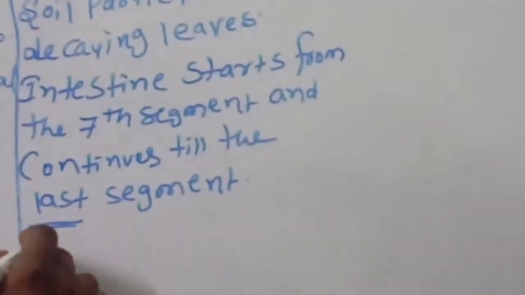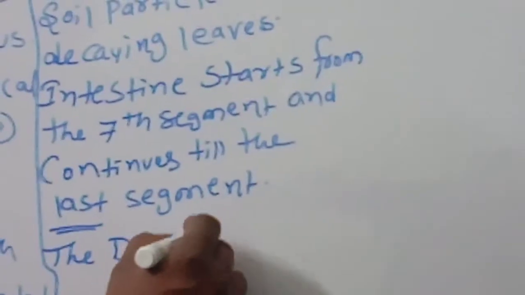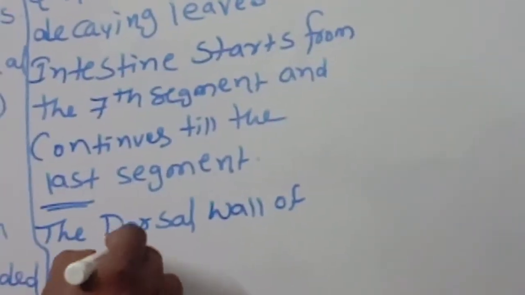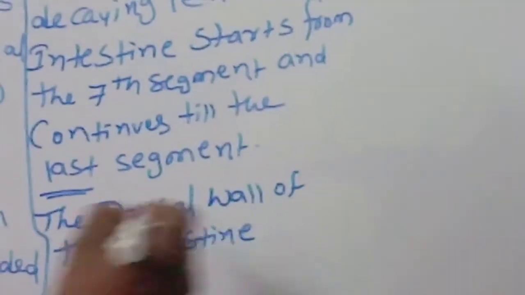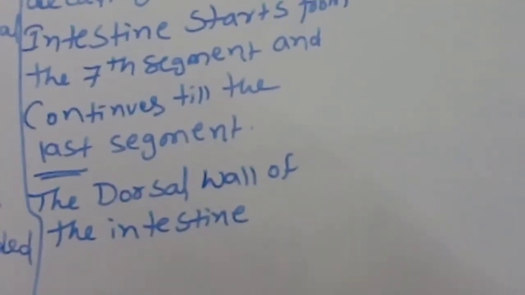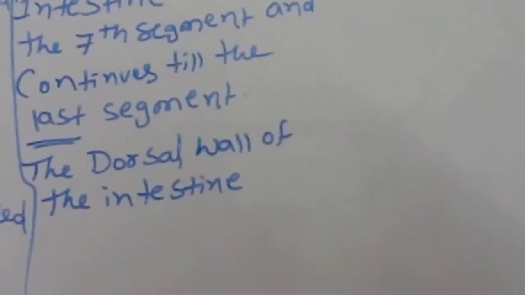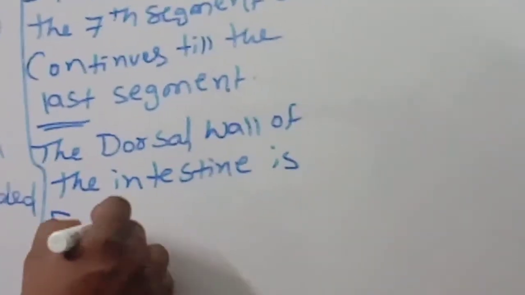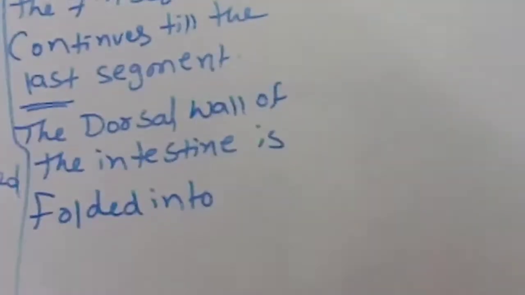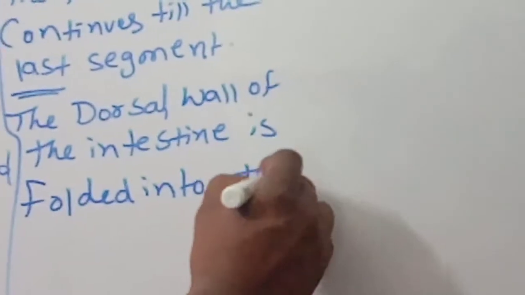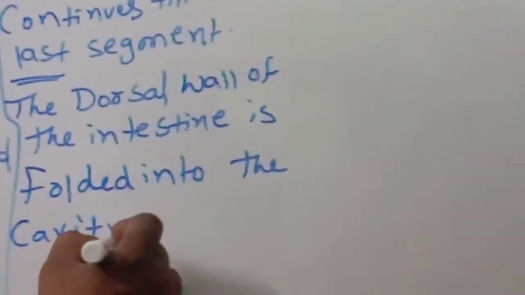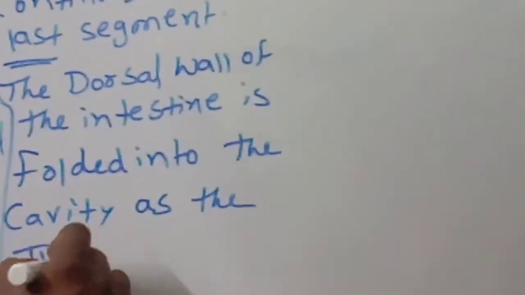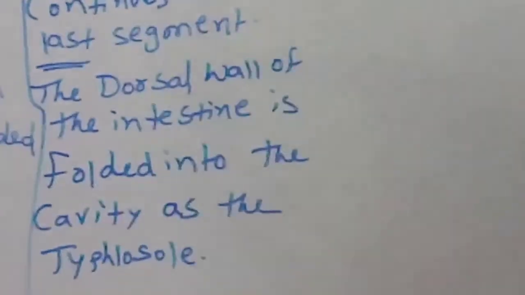Next point, the dorsal wall of the intestine is folded into the cavity as the diplosole. This point is also very important.